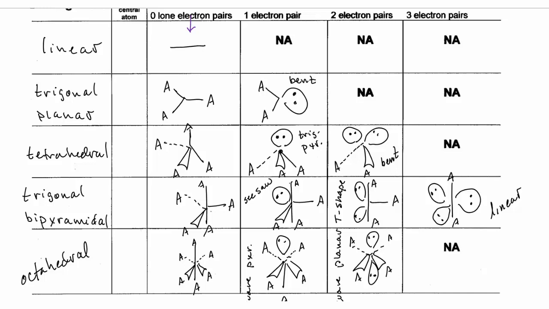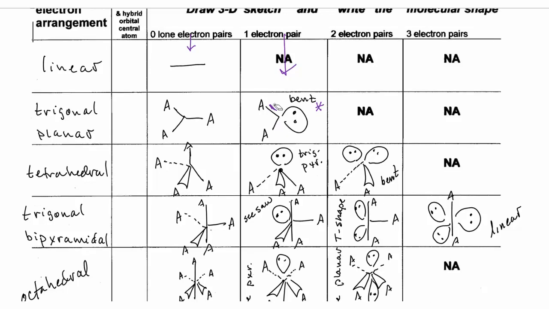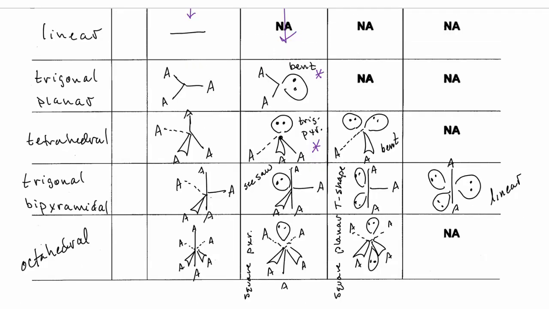So they will never be polar. There's no stars to place. How about this one? Bent is definitely polar because there's nothing to cancel these two dipole moments. Trigonal pyramidal is definitely polar because there's nothing to cancel those dipole moments of those bonds.